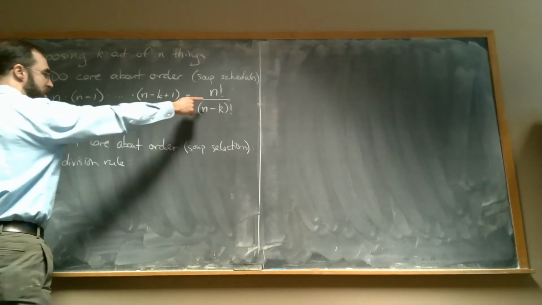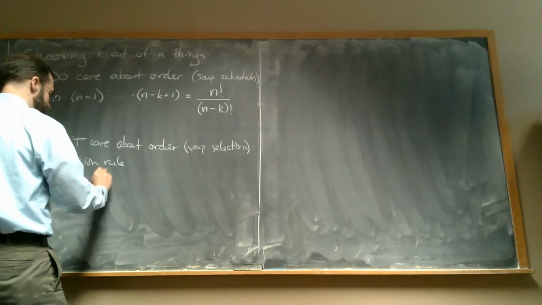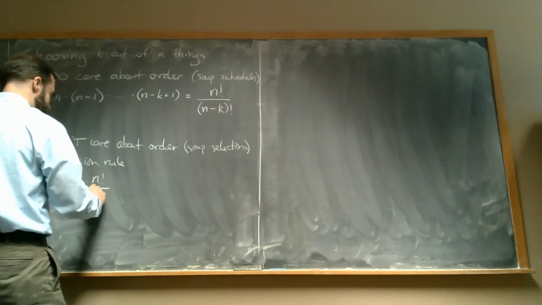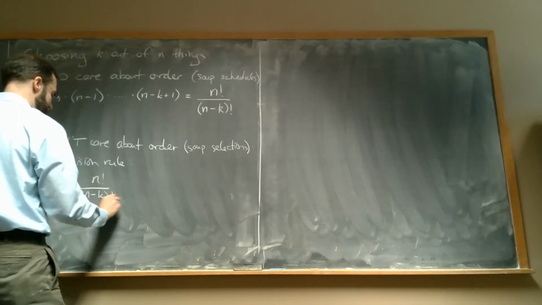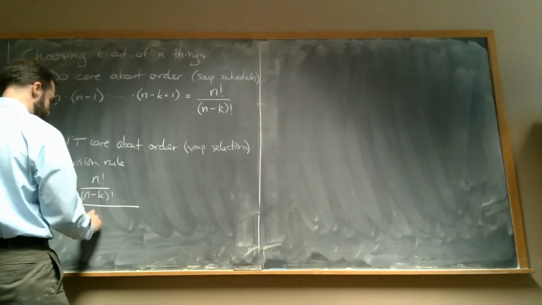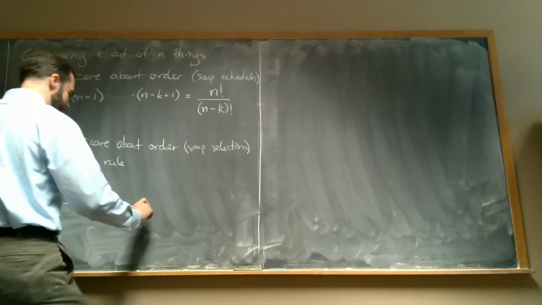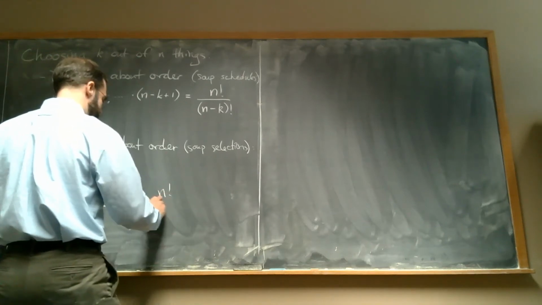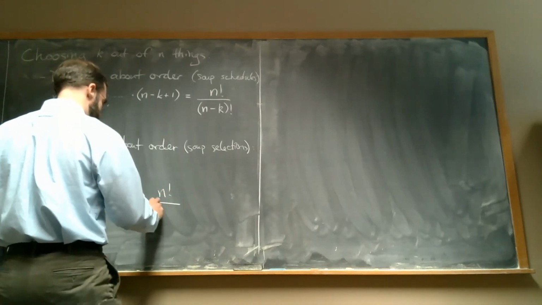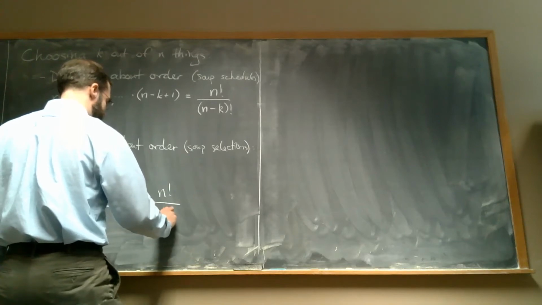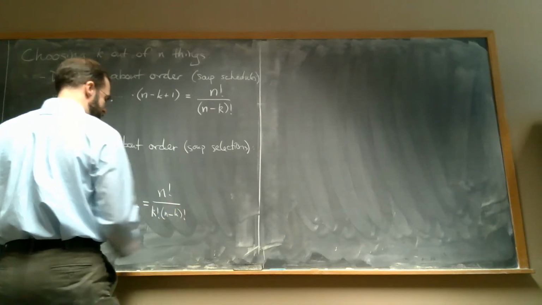it's going to be n factorial divided by n minus k factorial, this whole thing divided by k factorial, which of course we can write as n factorial divided by k factorial times n minus k factorial.